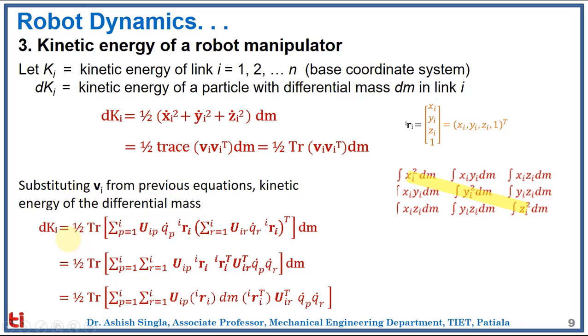Now this kinetic energy can be rearranged in this form. This term is vi and this term is vi transpose. It can be rearranged to this form, and now the same thing can be rearranged finally into this. Here we find a term r, m, r, which is nothing but mr square. Mr square is nothing but moment of inertia.